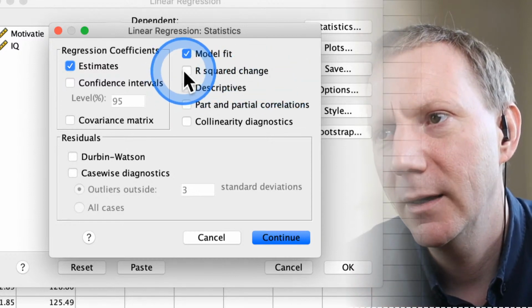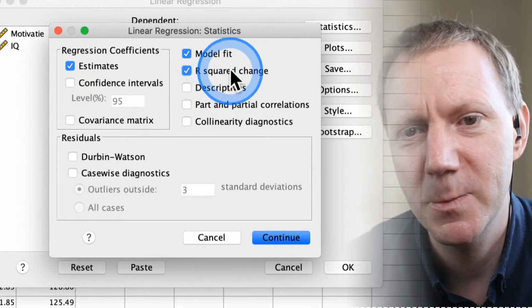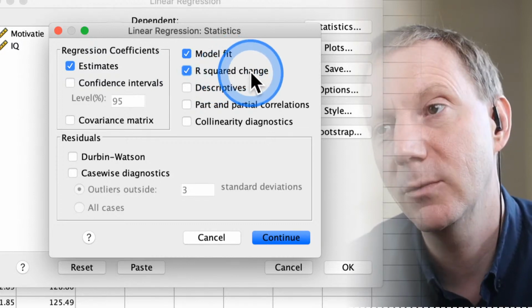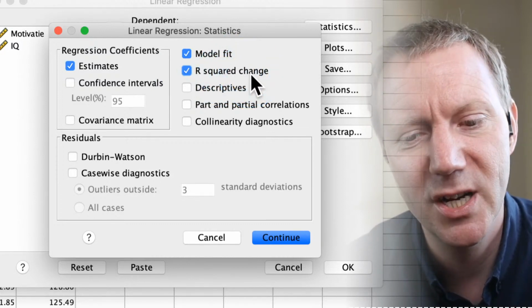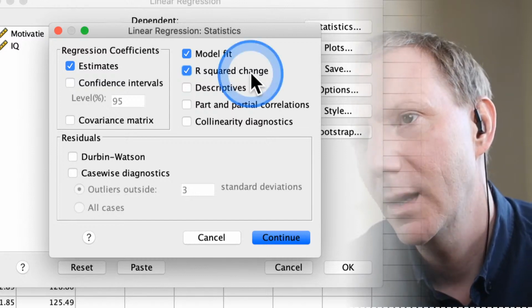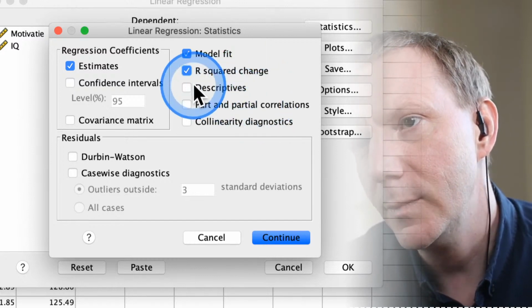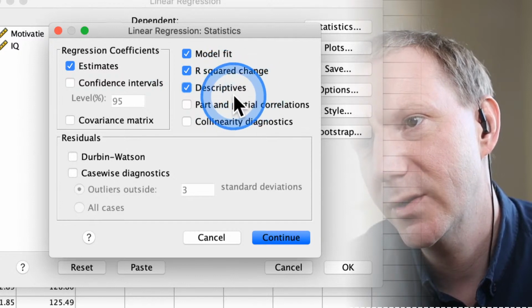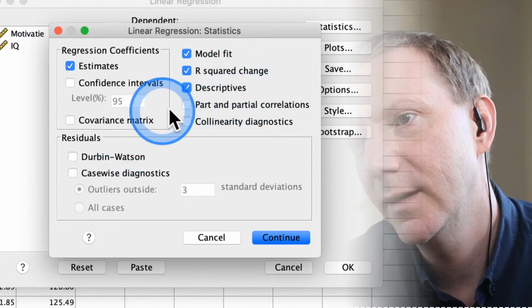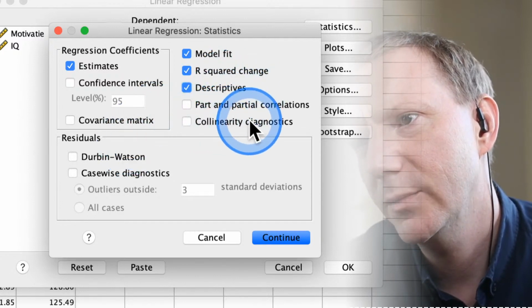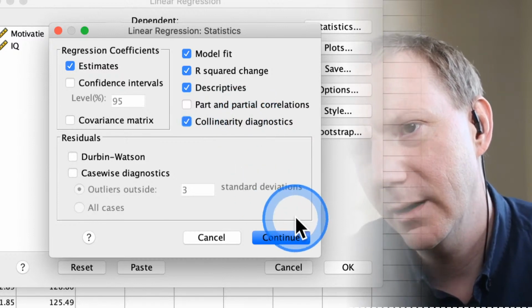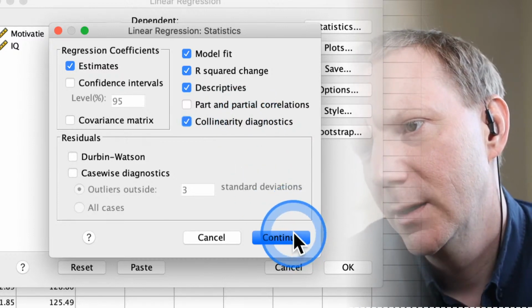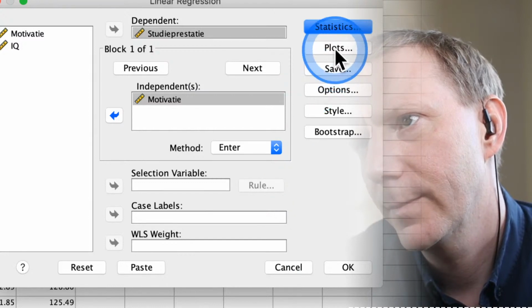By ticking this one, SPSS will provide that information and test if the change in explained variance is significant or not. Of course, we would like to see some descriptive statistics, and some diagnostics in our tests. So we'll go for this one.